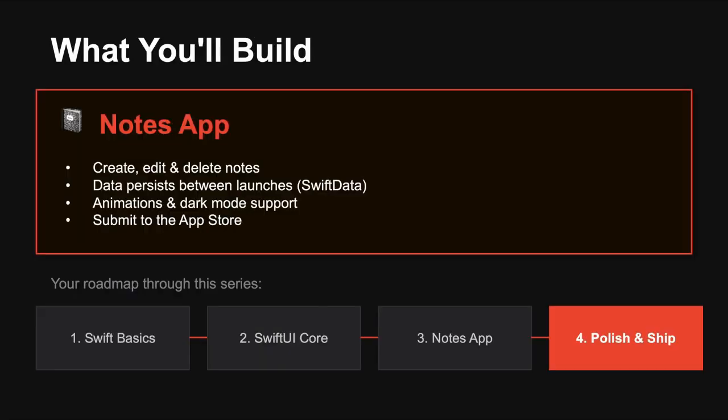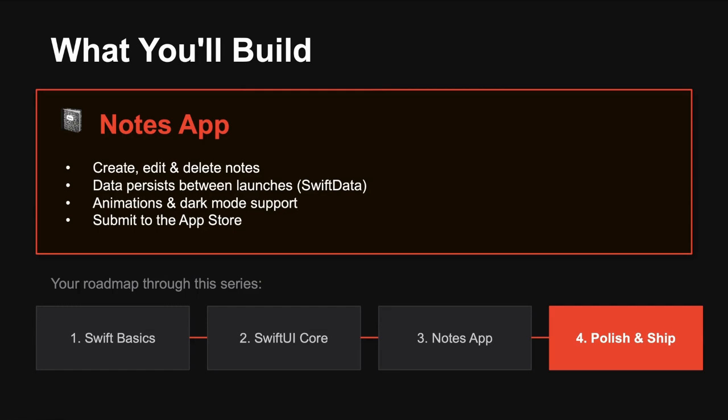So what are we actually building across this series? A Notes app from scratch. By the time we are done, you'll be able to create notes, edit them, delete them, and the data will stay saved even when you close the app. We'll also add animations and dark mode, and I'll walk you through submitting it to the App Store.